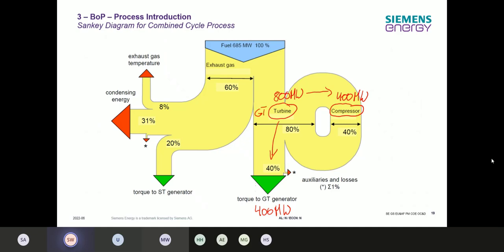So for the gas turbine, the turbine would produce 800 megawatt over here, 40% or half of it going to the generator, half of it going to the compressor so that the compressor keeps running. And then we have some small losses over here. Gas turbine, compressor, you see the amount of power you're using here.